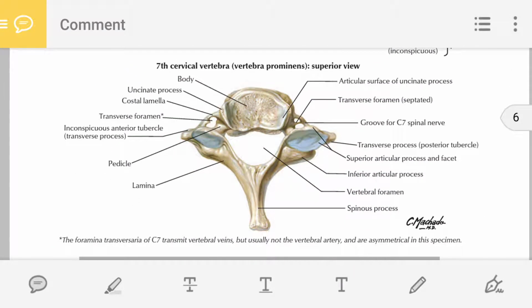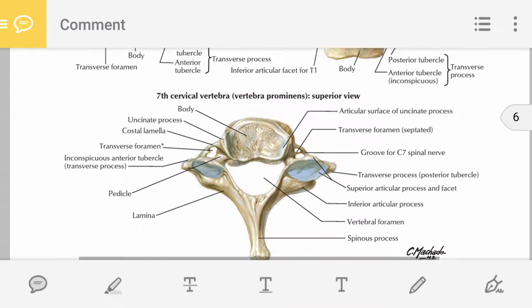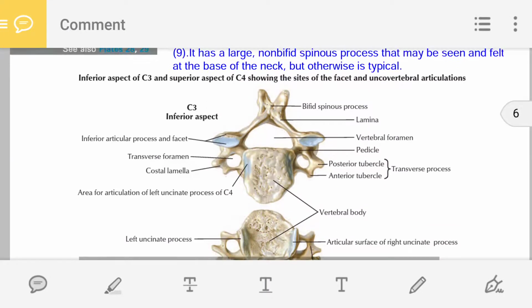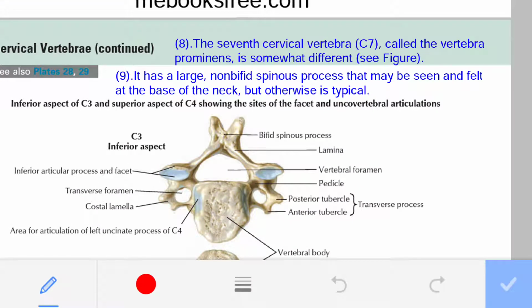The spinous process does not have two small projections, so that's why it is non-bifid. The only difference is that it has a non-bifid spinous process, that is the largest one, and otherwise the C7 vertebra is a typical vertebra.